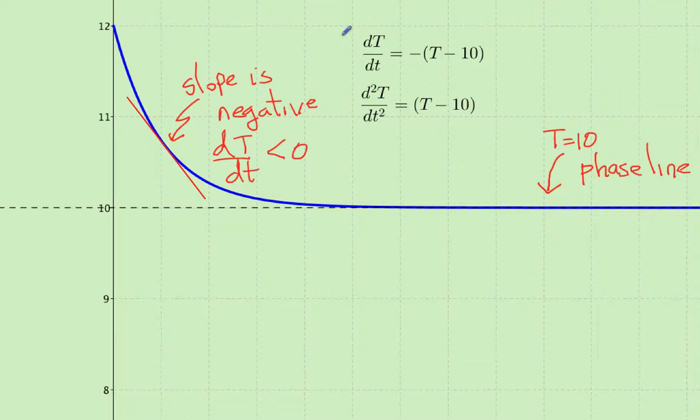You can actually see that from here as well. T is greater than 10, and so dT/dt is negative. You can also see that the slope is becoming less and less negative, which means that d²T/dt², the second derivative of the temperature, is positive. And of course, you can see that from here as well.